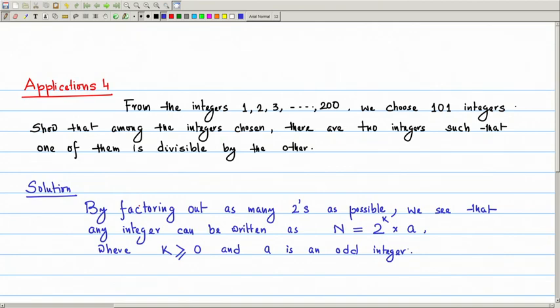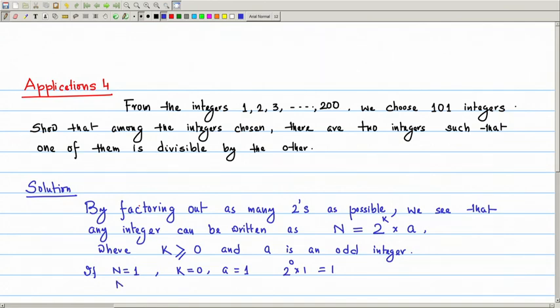First we see, for small integers, what the values of k and a are. If n equals 1, then k equals 0 and a is 1, since 2^0 * 1 is 1.